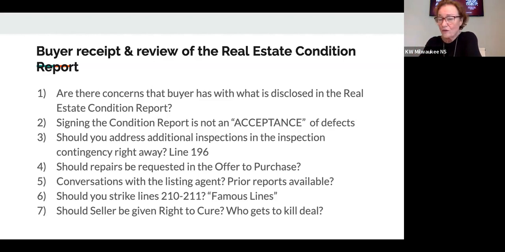So this gives you the opening of the doorway with your buyer to get another inspector in on certain areas of the property. And they even give you some examples on that line 196, such as swimming pool, roof, foundation. So it is an area where you want to spend additional time and probably bring in another inspector. That gives you the permission to do so.